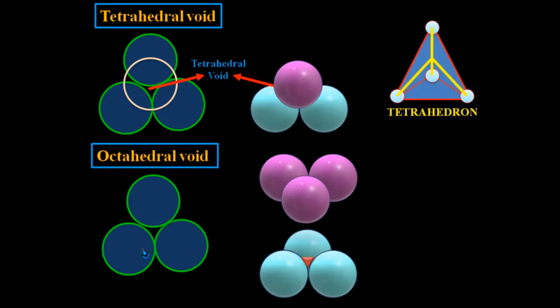These are the 3 spheres of the base layer, and these are the 3 spheres of the second or upper layer.